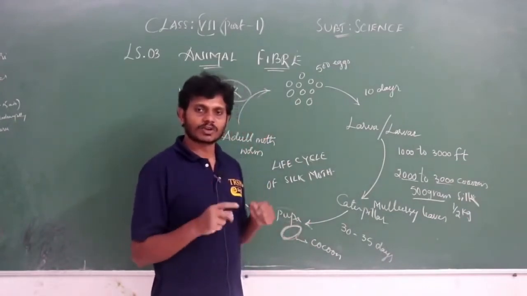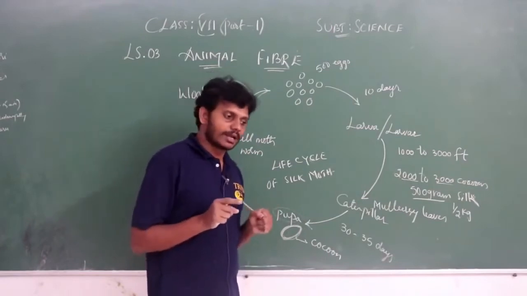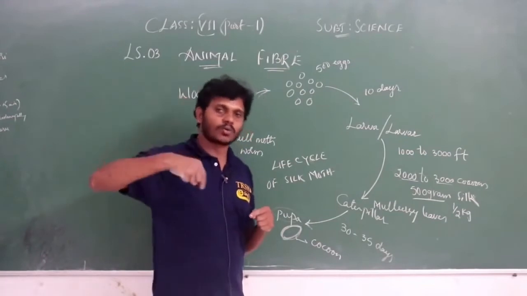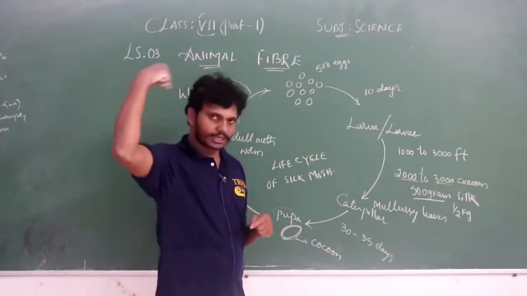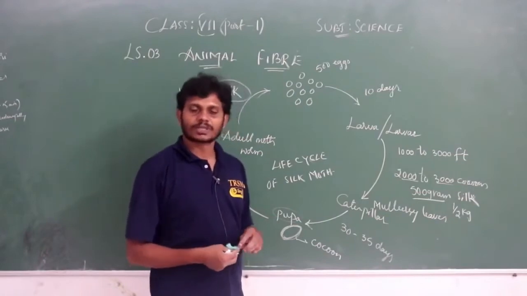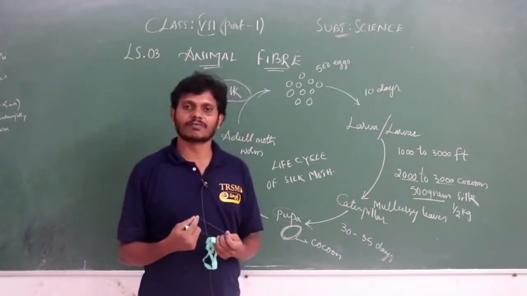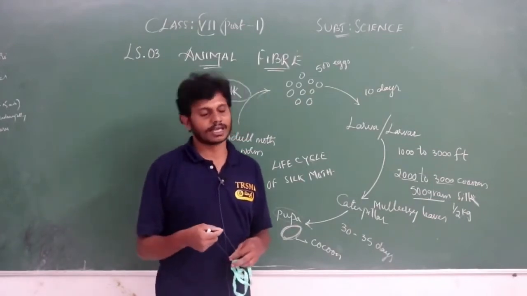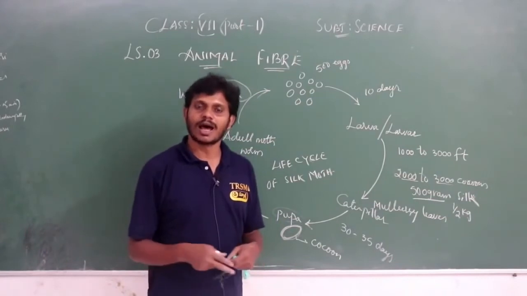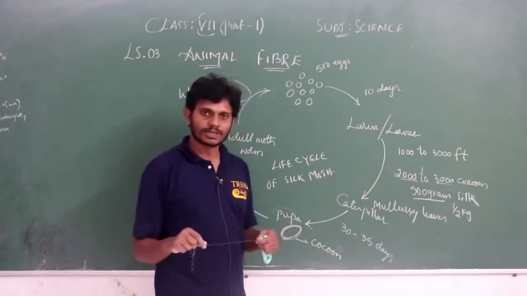In this pupa stage, the organism is inside, and it releases saliva and creates a layer around its body. This saliva, once exposed to the atmosphere, turns into a hard fiber. We call it silk.